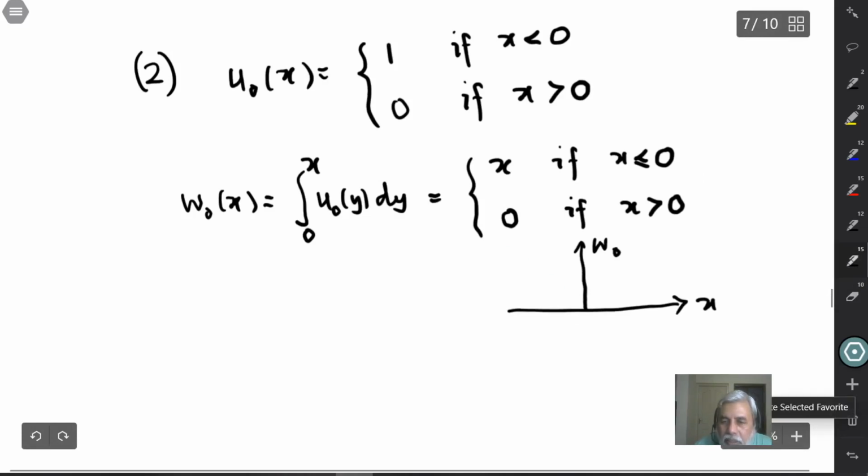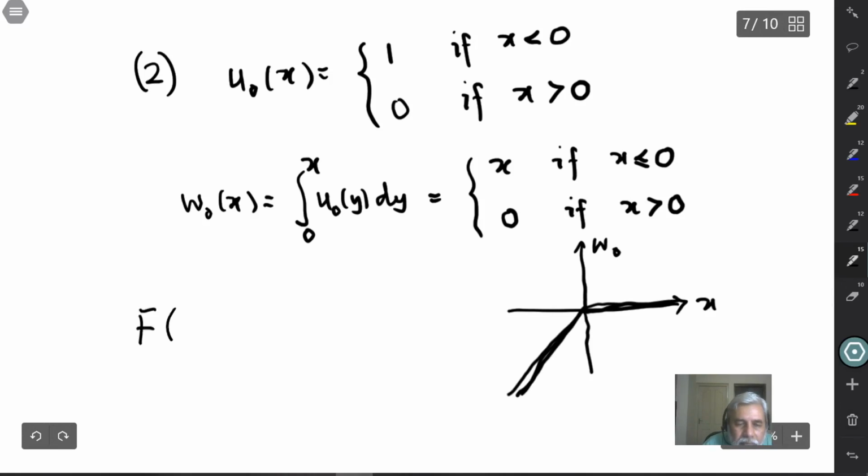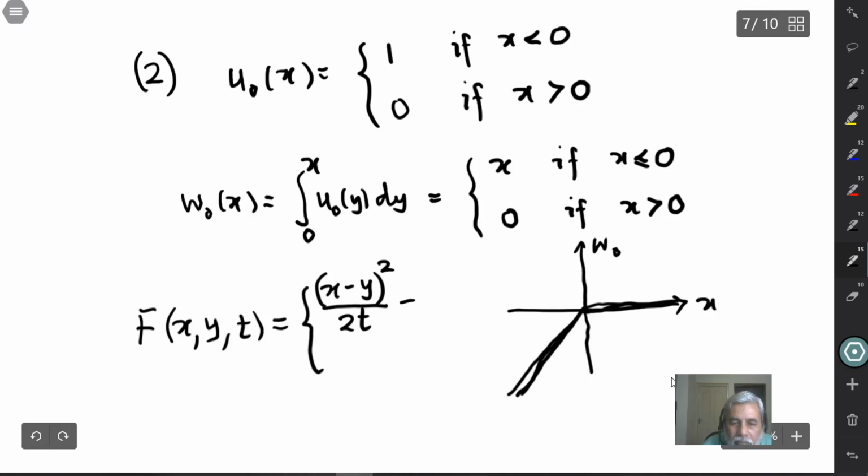This is the function w0, and in this case you see that f of x y t is x minus y square by 2t plus y if y is less than or equal to 0, and x minus y square by 2t if y is positive.